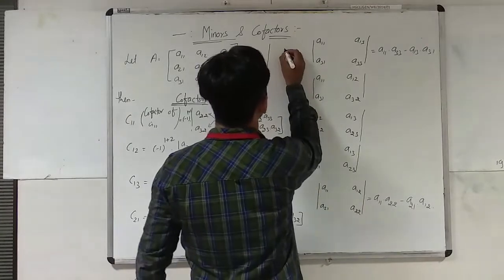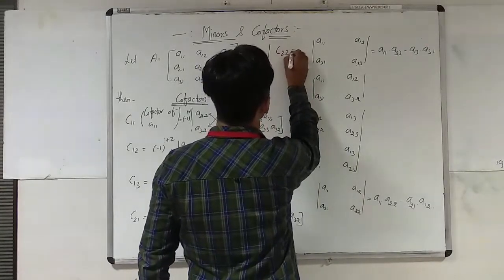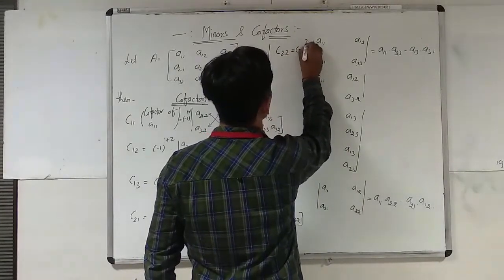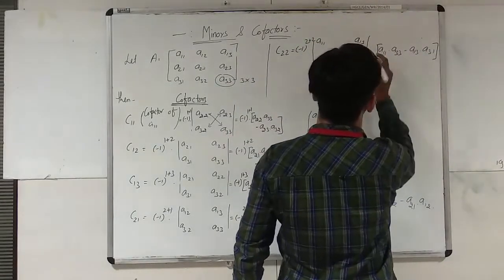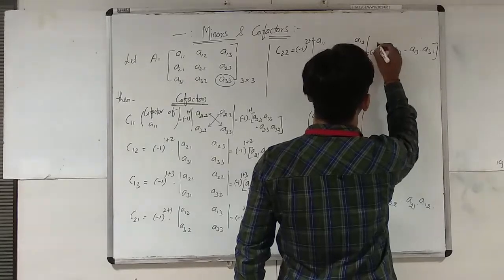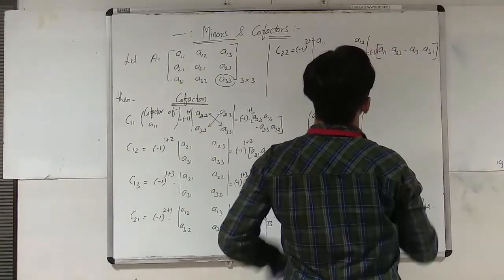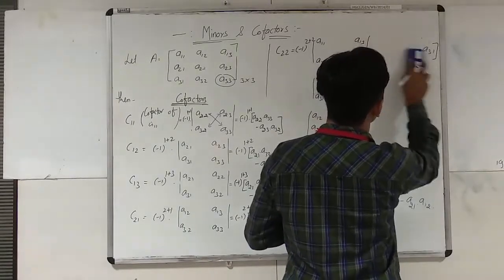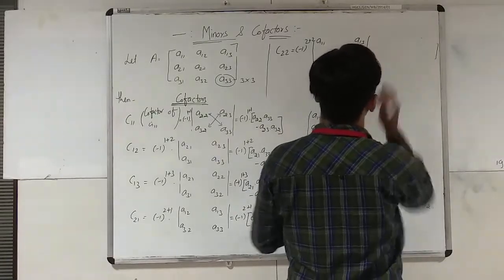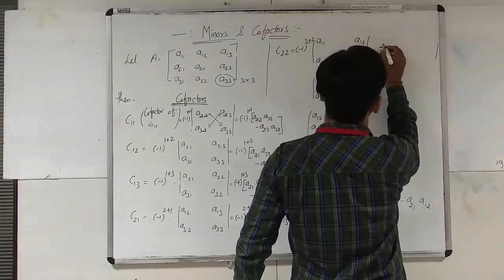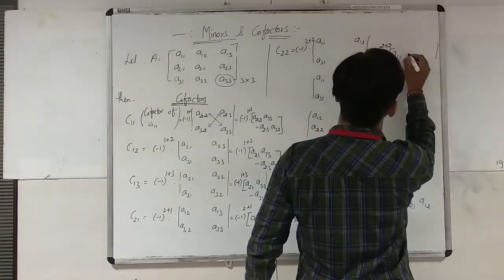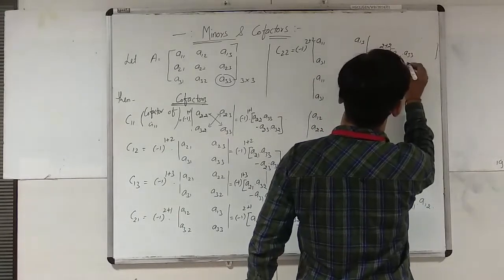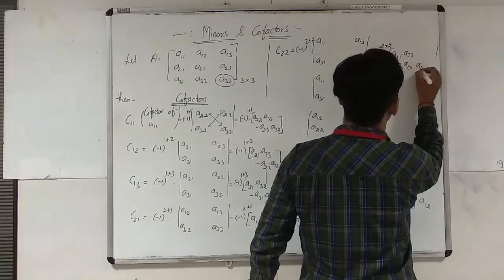C22 becomes minus 1 power 2 plus 2 into A11 into A33 minus A13 into A31.